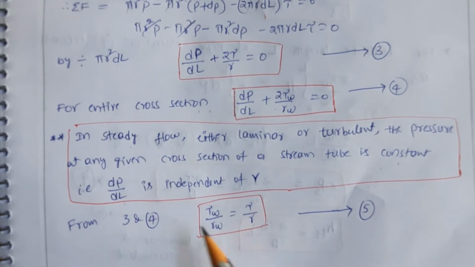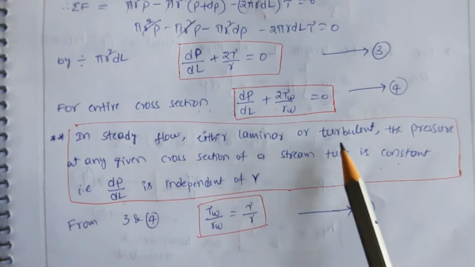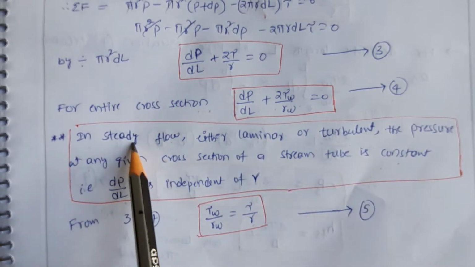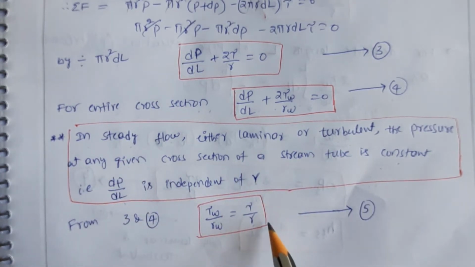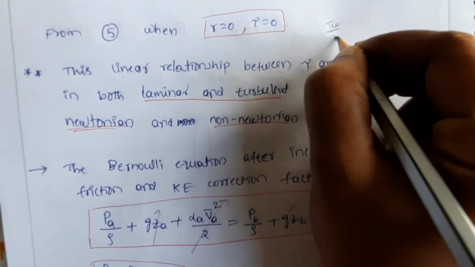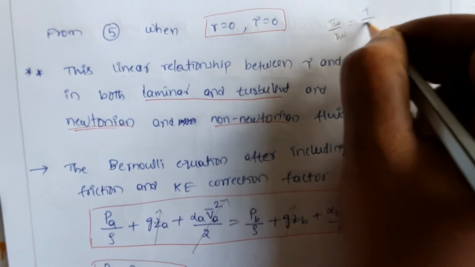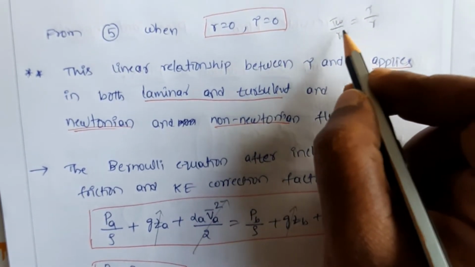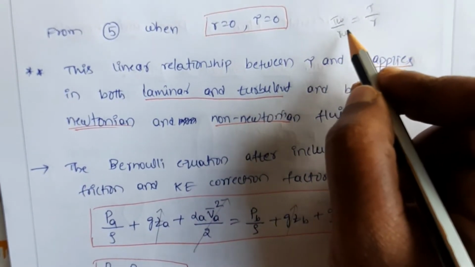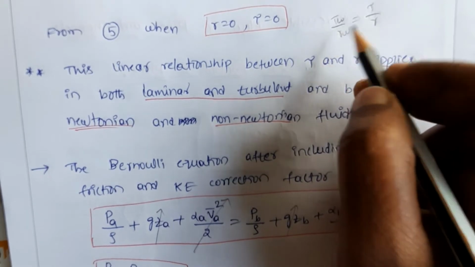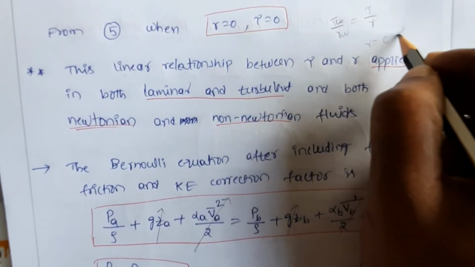This relation is valid for laminar or turbulent, for steady flow, any flow pattern it will be applicable. This expression tau W by Rw equals tau by R. So tau and R are linearly related, right? So if R equals 0, tau equals 0.